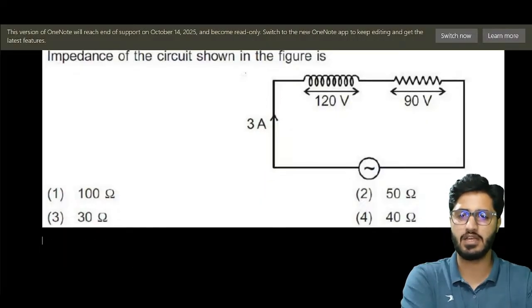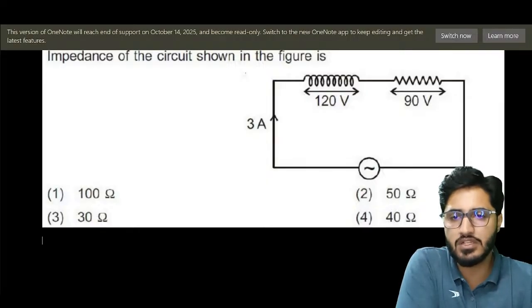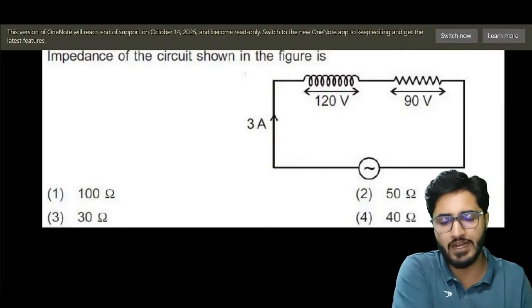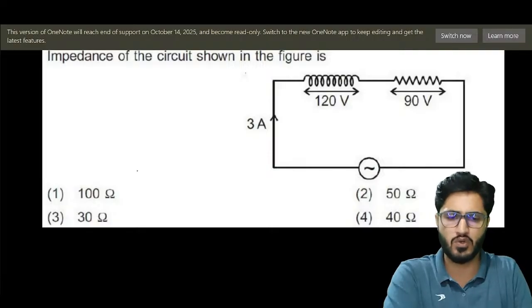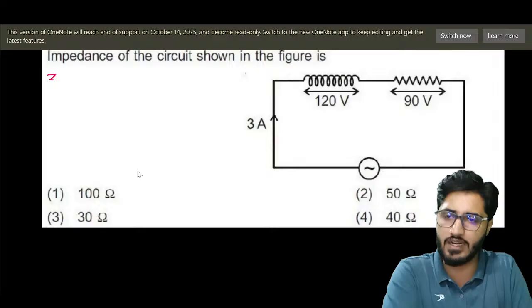The numerical is: impedance of the circuit shown in the figure is. So we have to find impedance. To find impedance, first thing we have to find out, sir, Z. Impedance is equals to the square root of R square plus XL minus XC square.